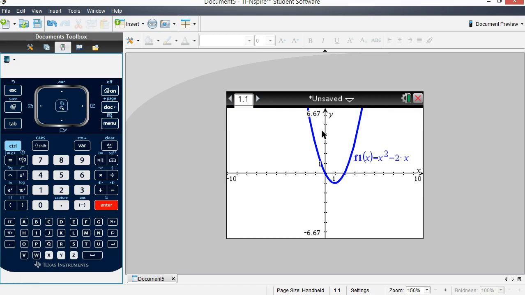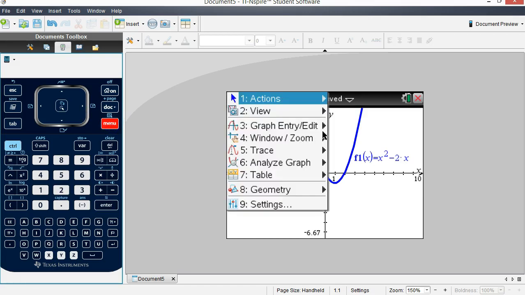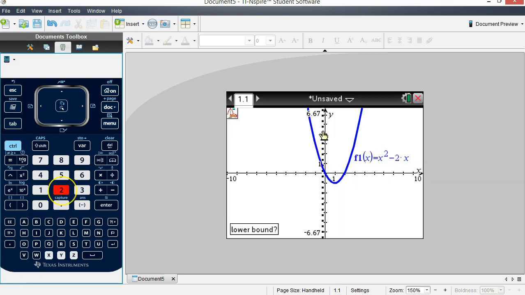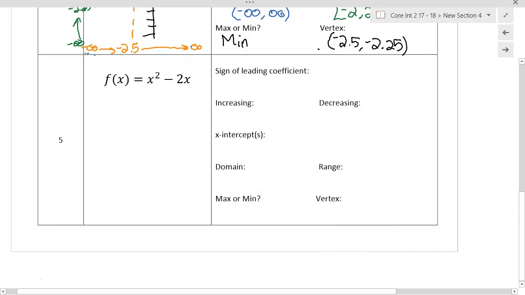First thing I'm going to do is find that vertex. Menu, analyze graph. And then is this a minimum or a maximum? Right, this one has a minimum. So this looks like a smile. So you can move to the left, hit enter. Move to the right, hit enter. There is my vertex. My vertex is at (1, -1).